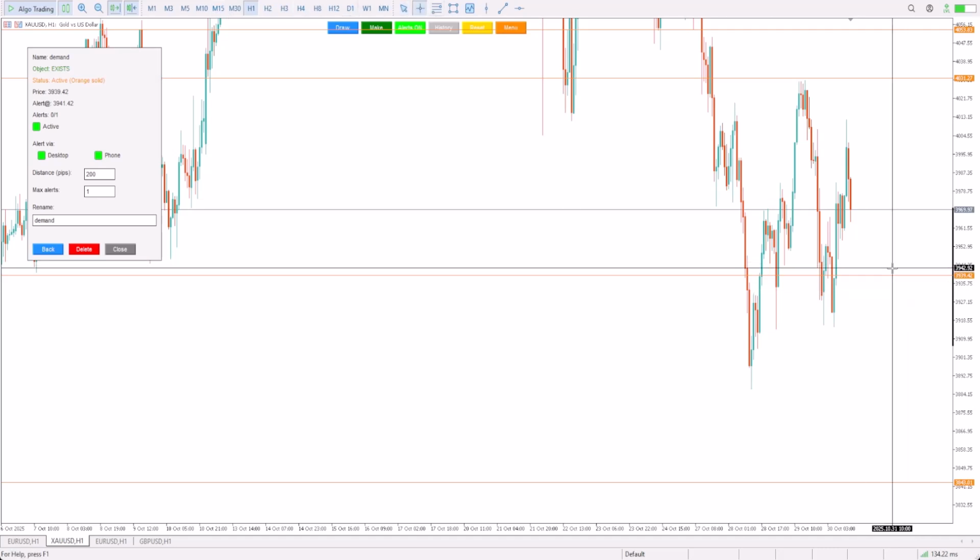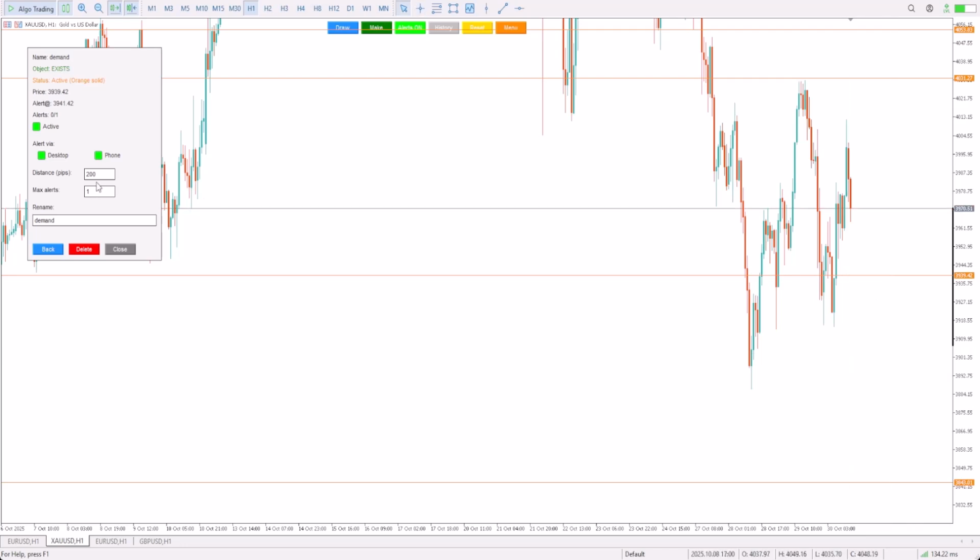Now, why you might want that, right? Let's say the point is to get notified when the price is about to go into your level that for your strategy you're tracking, correct? Now, you might want to get notified a little bit earlier. Gold could move fast actually.